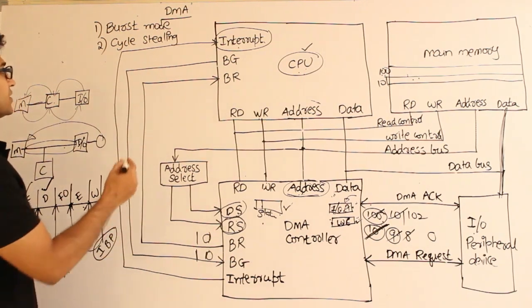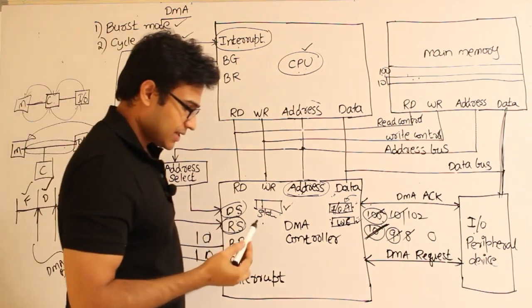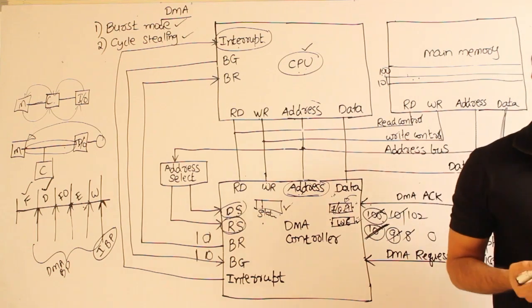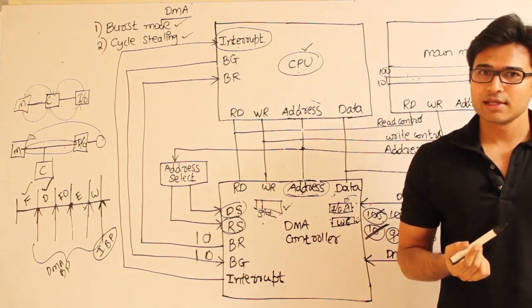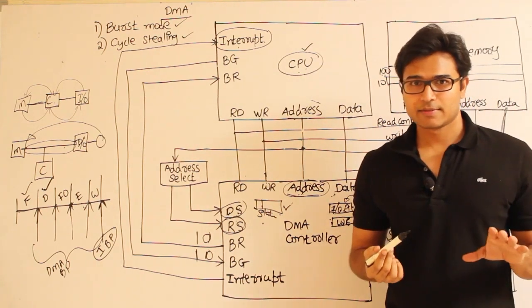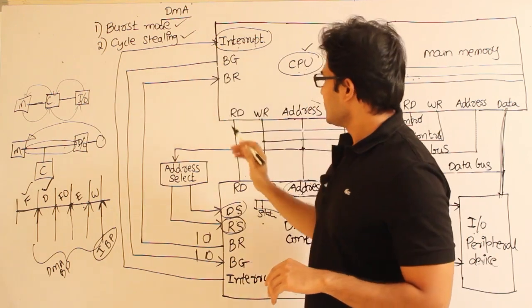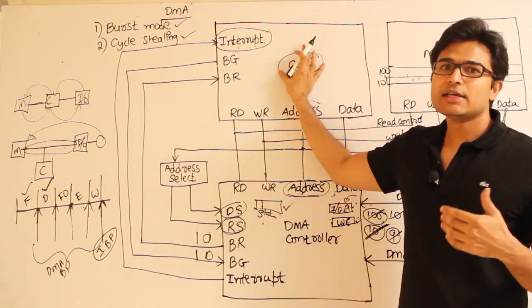Now the second mode is cycle stealing mode. Coming to this cycle stealing mode, different textbooks have different ways of describing it. Some textbooks say that cycle stealing means using the system bus whenever the CPU doesn't need it.